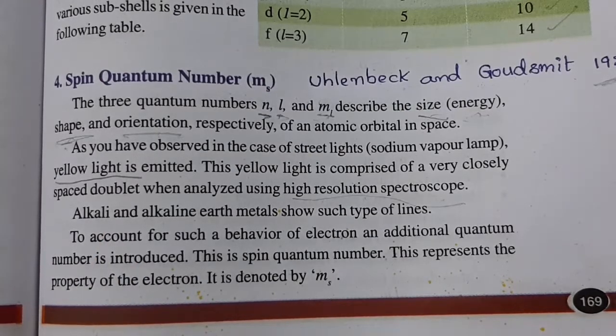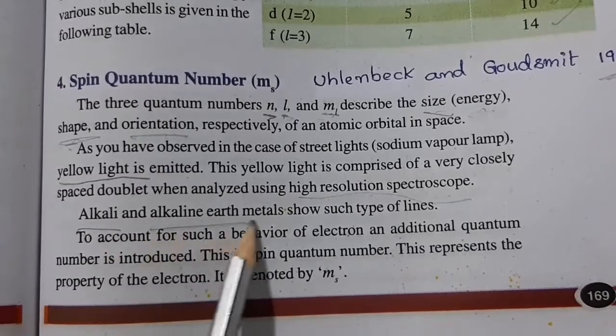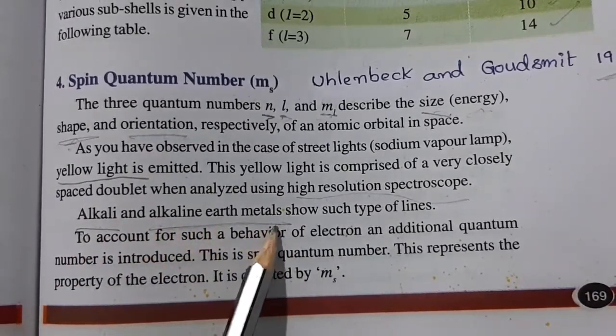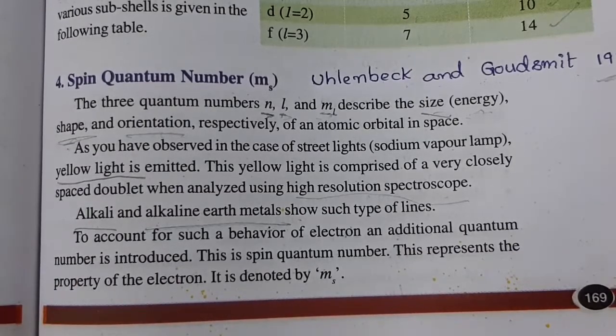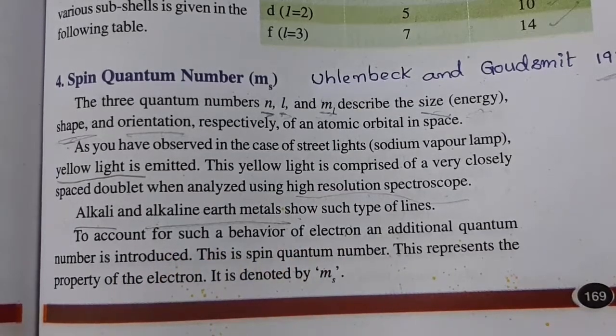Which metals show this property? Alkali and alkaline earth metals show such types of lines. The size of these atoms is comparable to the wavelength of the yellow light, which is why alkali and alkaline earth metals show such lines.